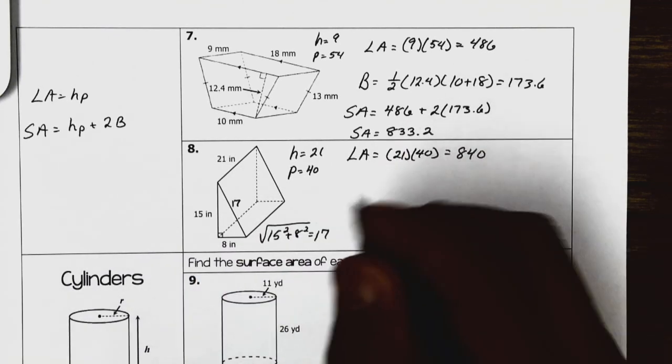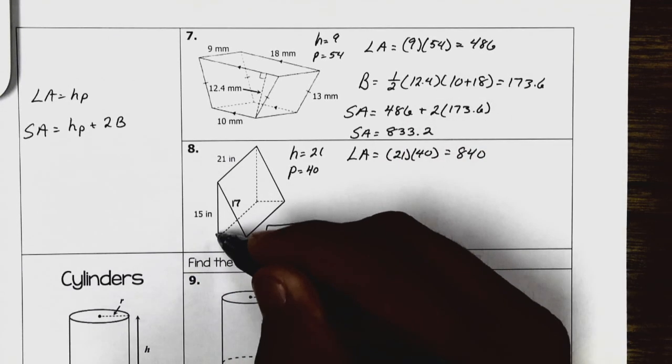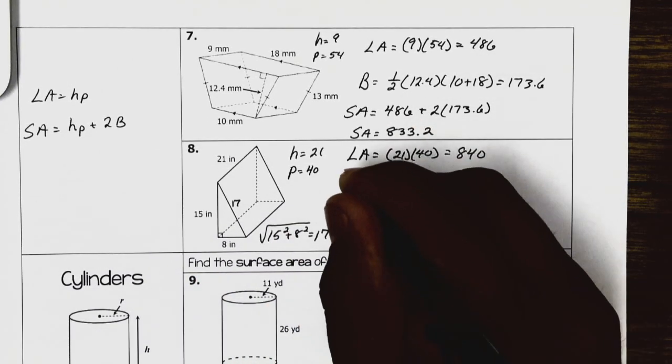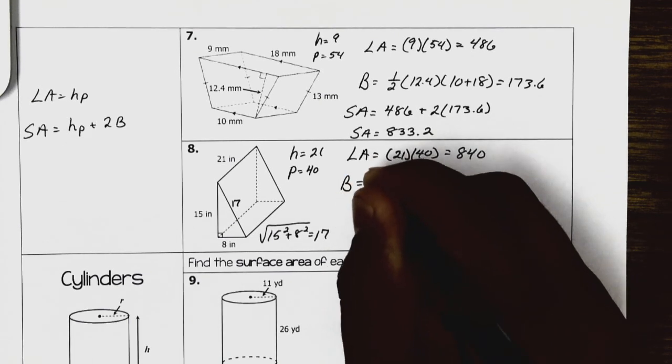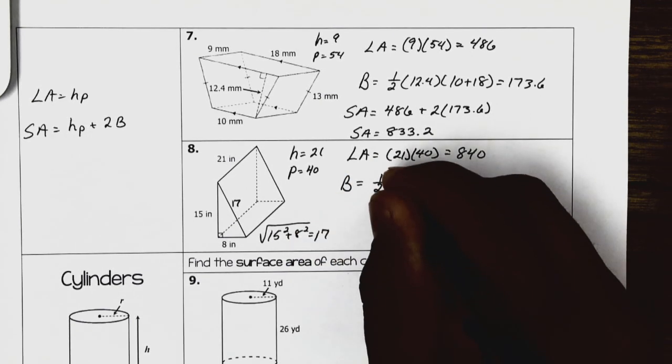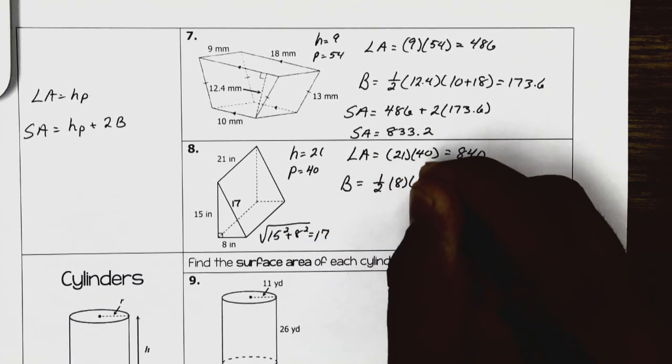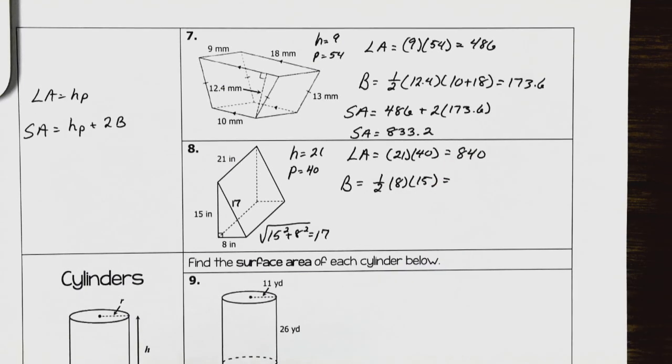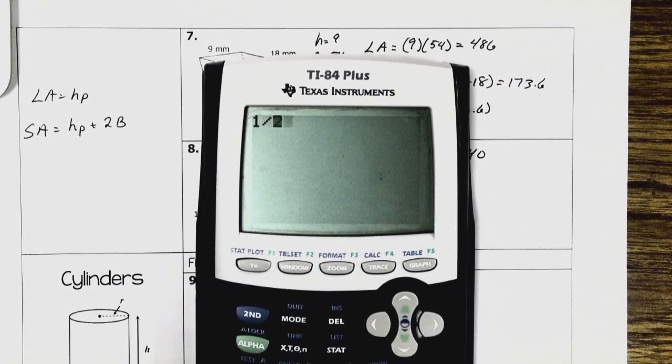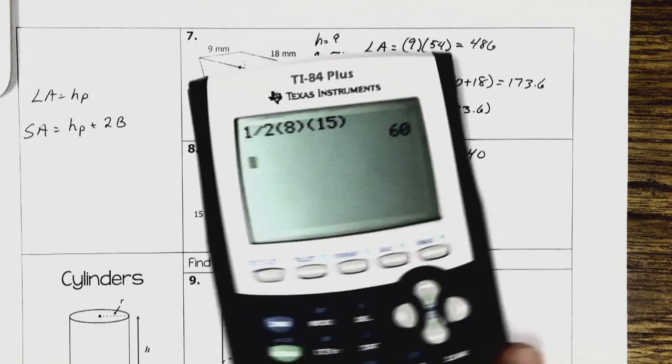All right, so it is a triangle. It's a right triangle, so that tells me that this is the height. So it's going to be 1/2 times the base, which is 8, times the height, which is 15. So 1/2, 8 times 15, which is 60.